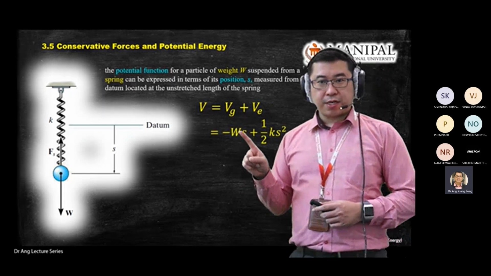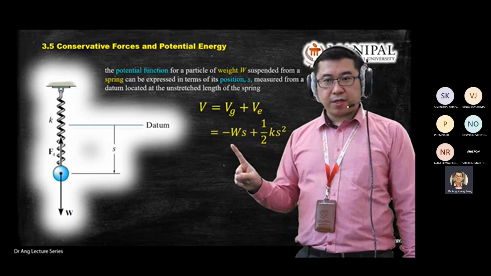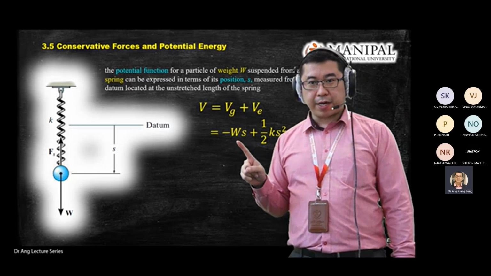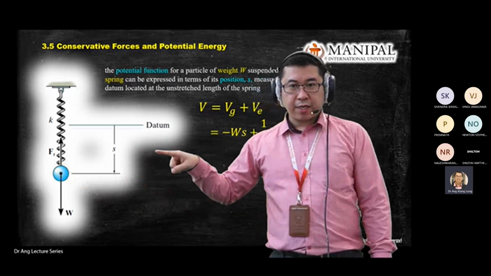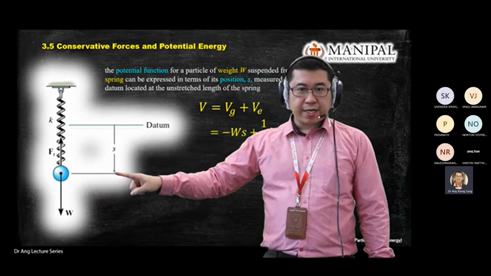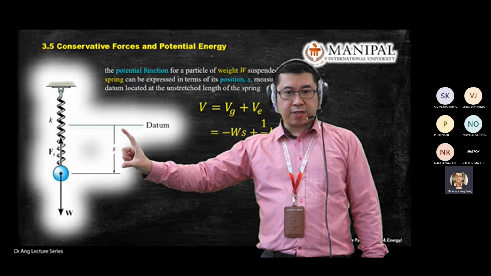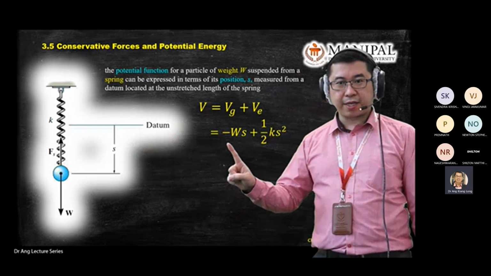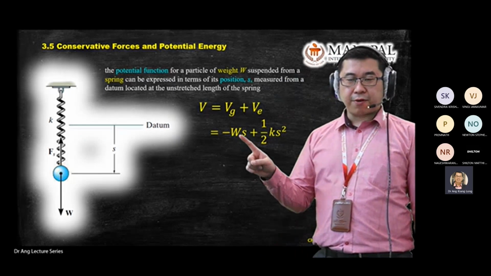Here your gravitational energy is Ws, or mgh. W is your weight, and in this case the displacement is given as s, but this one is below the datum. That's why you get a negative energy. Just be careful.